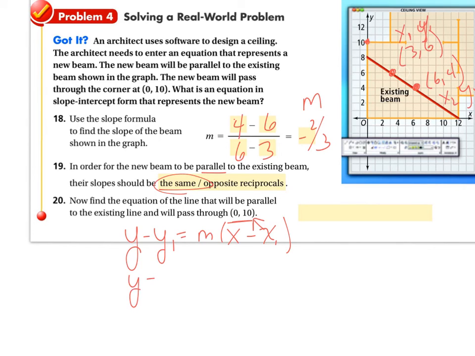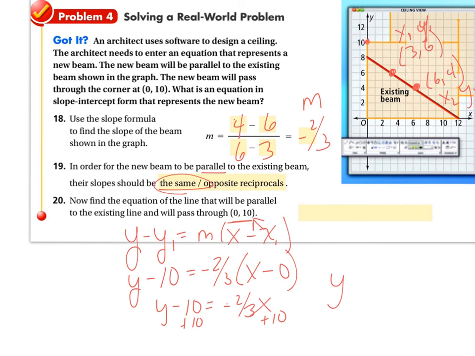So y minus 10 equals negative 2/3 times x minus 0. So y minus 10 equals negative 2/3 x. I'm going to add 10 to both sides. So I have y equals negative 2/3 x plus 10. And that's the equation for my new line.